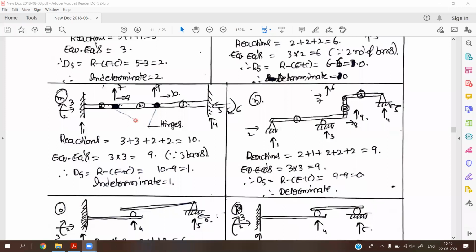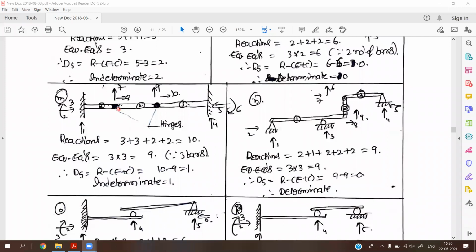So for each beam we have three equilibrium equations. If we see this figure clearly, this is a fixed beam, but it has black dotted spots, which indicate a hinged connection. In the hinged connection two reactions develop, and each hinge divides the beam into two beams.